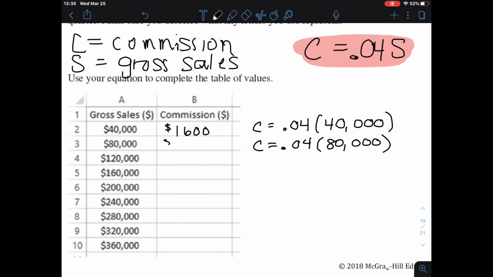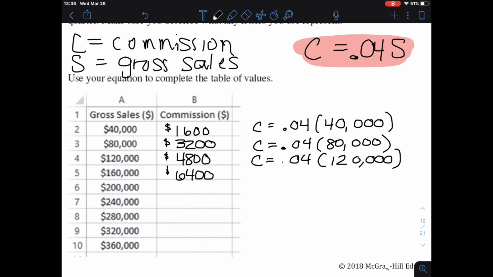So she'll make $3,200. For 120,000, we do the same thing. We're just going to keep multiplying this number by 0.04, and she's going to get $4,800 in commission. Likewise, if you take 160,000 times 0.04, you're going to get 6,400.